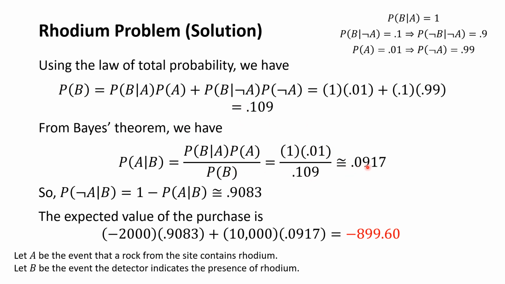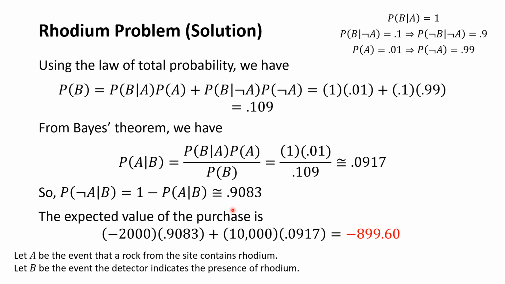And so we get 0.0917, so a little bit over 9% probability of A given B. And so the probability of not A given B is 1 minus this here, so it's 0.9083 approximately.